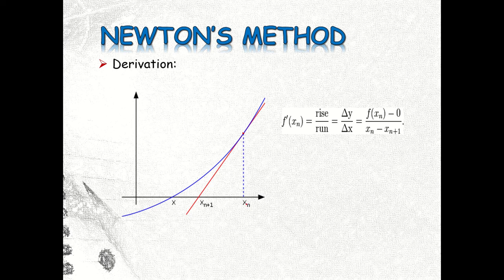If this is x sub n, then the height of this is what we call f of x sub n, the height of the function.